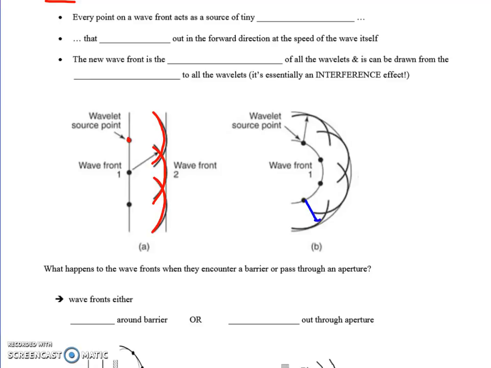So the first thing says every point on a wavefront acts as a tiny source of wavelets. And they propagate out in the forward direction at the same speed as the wave itself. So this point creates a wavelet, this point creates a wavelet, etc. And I could draw in many others between and beyond those, but 3 is sufficient here.